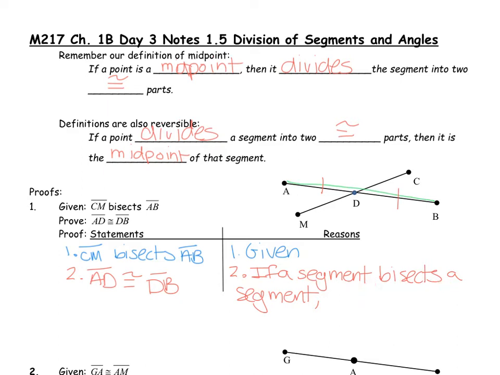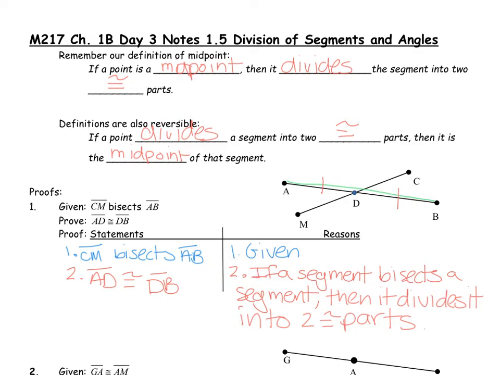If a segment bisects a segment, then, key word, it divides it into two congruent parts. Okay, now that one was a little bit different than our definition of midpoint, but that's because in the given, we weren't given midpoint, we were given the word bisects. So it's important to use whatever you were given, that same terminology, bisects, when you say your reason.